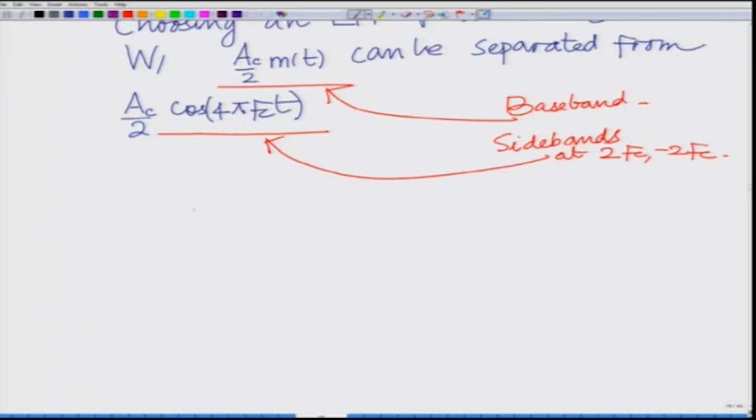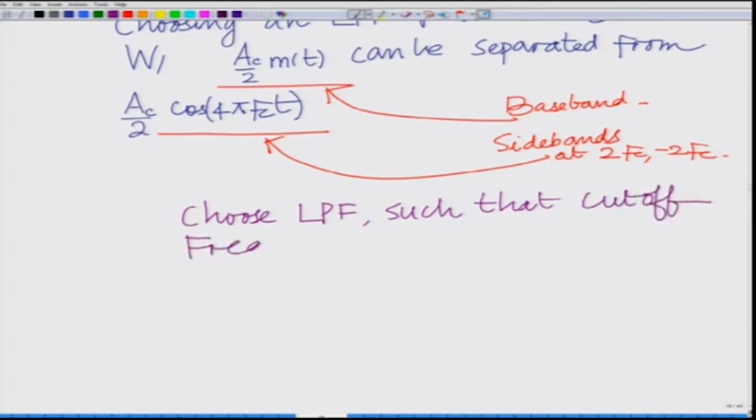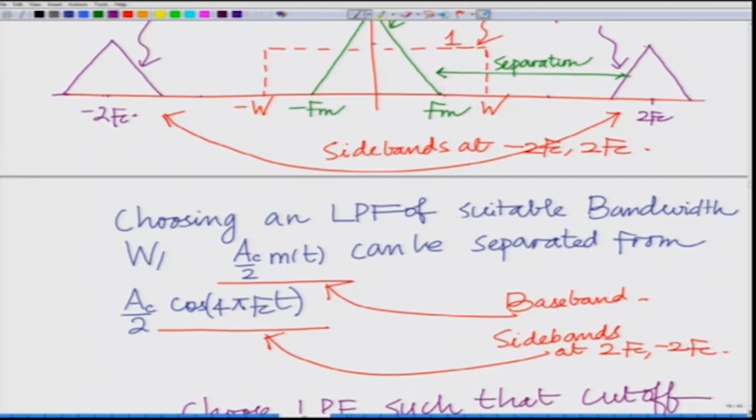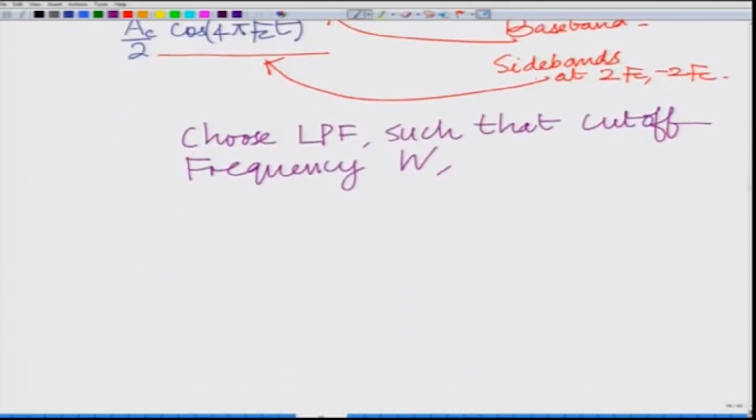is chosen such that the cutoff frequency W must satisfy Fm less than or equal to W less than or equal to 2 Fc minus Fm.